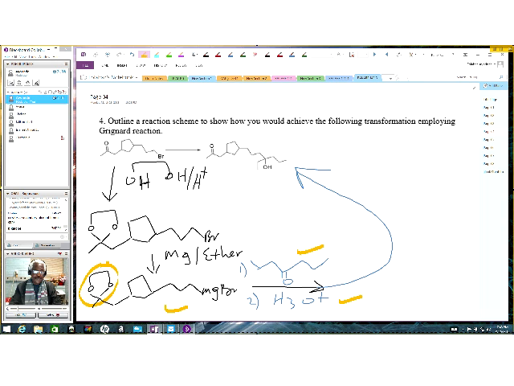Do you follow this? In other words, how many steps do we have here? Actually 3 steps. It's a 3-step synthetic scheme. But the more important point here is you must recognize that you need to protect the carbonyl of the ketone before you make your Grignard reagent. Now, if you follow this, give me a happy face.